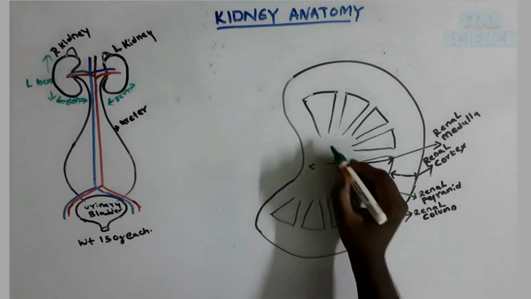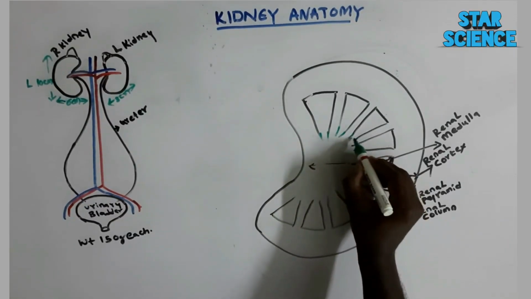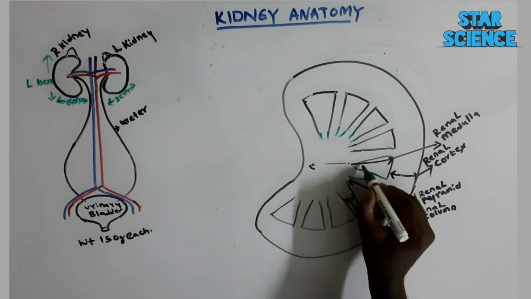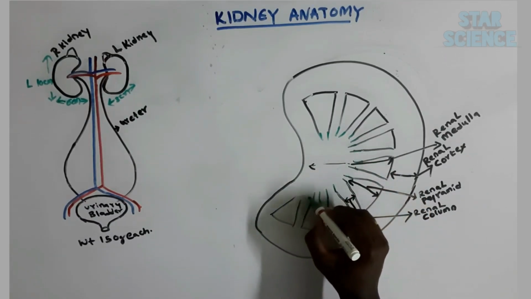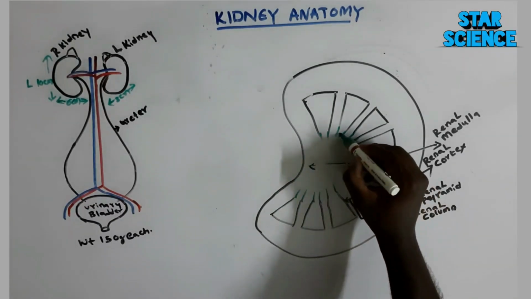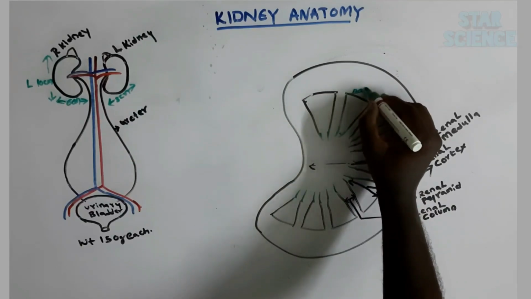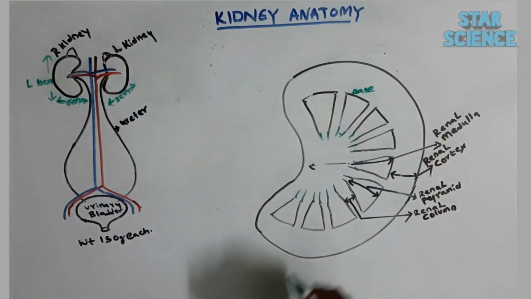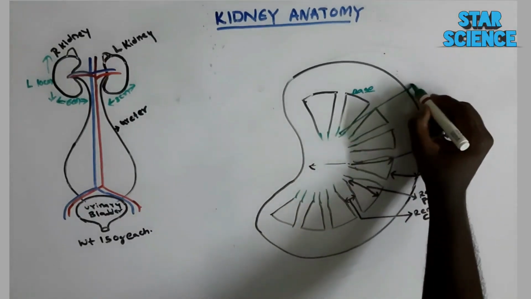And I'm showing in green color the connectivity from the apex of the renal pyramid. I'm showing you the base of the pyramid and the connectivity at the apex of the pyramid.